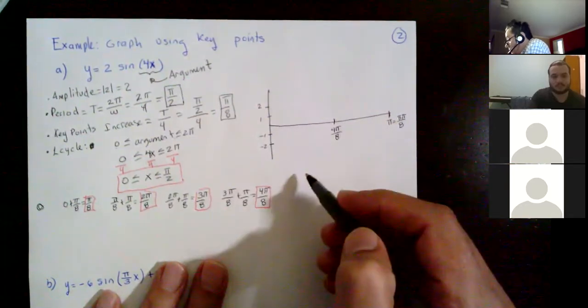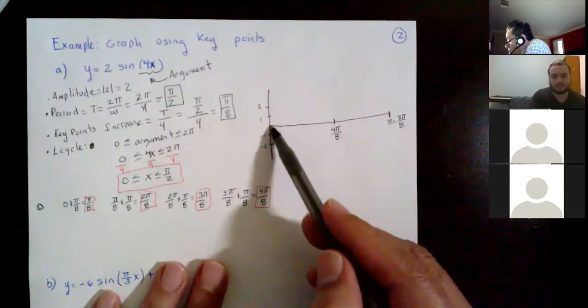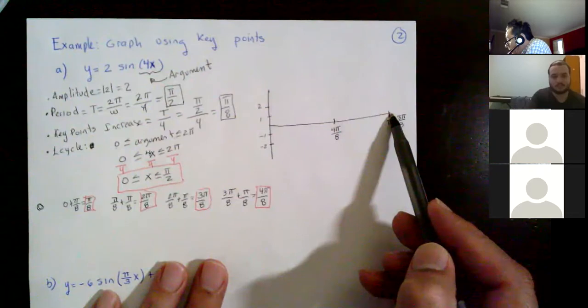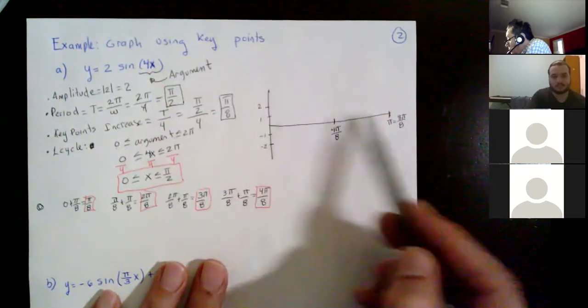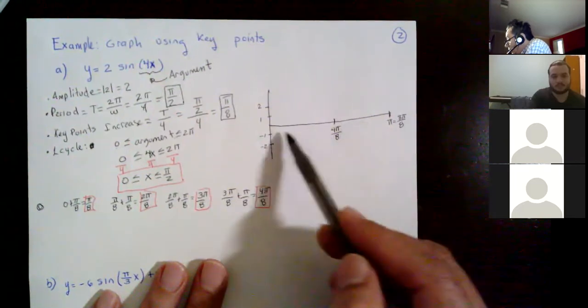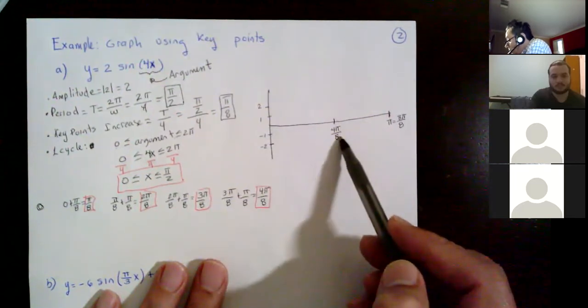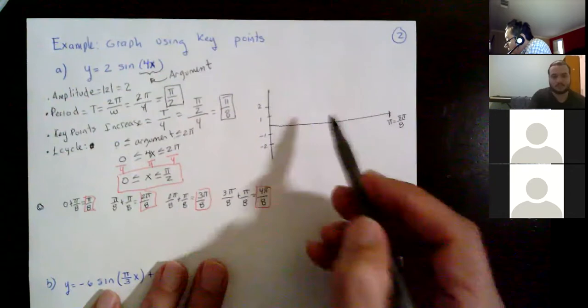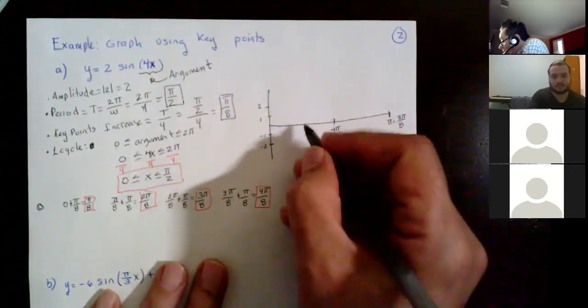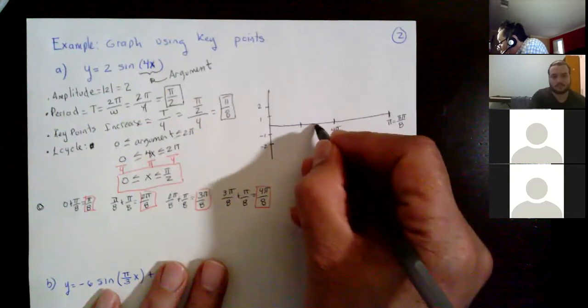This is pi over 2, right? If I had from 0 to pi is 1 whole, right? So I can divide from here to here in 8 parts, right? But I only need pi over 2, which is from here to here. So I'm going to divide from 0 to pi over 2 into only 4 parts.